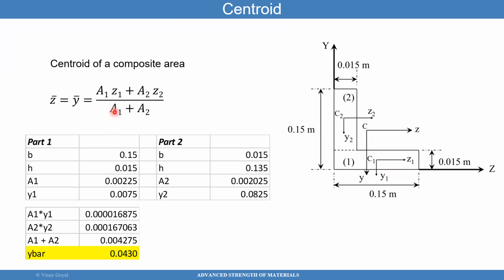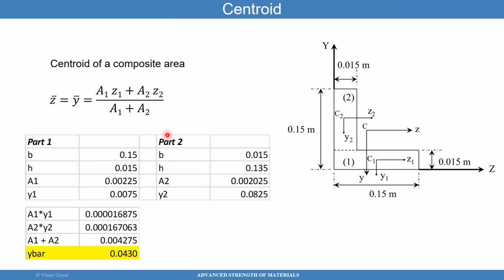The total area, A1 plus A2, is going to be this number plus that number, which is the number provided here, 0.004275. The area goes into the denominator. Now we will look at the numerator, which has A1, which I already calculated here, and then A2, which I have calculated here.